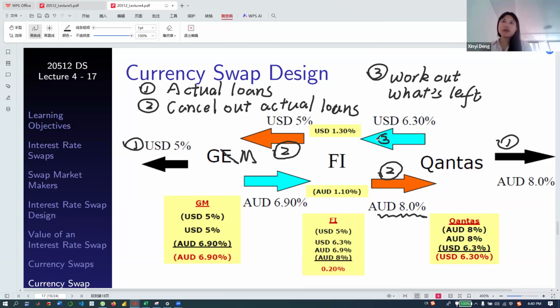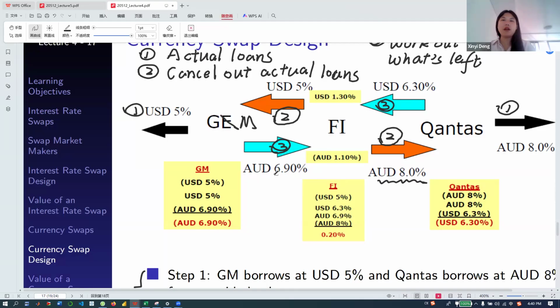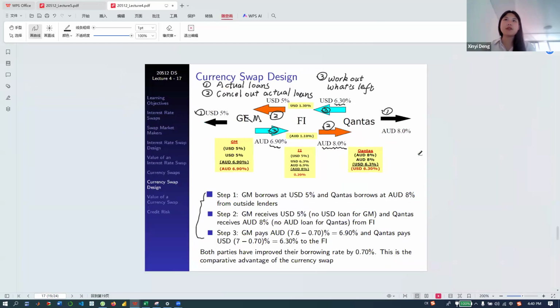So this is going to be the third step, and this is going to be the third step. Let me do the calculation here for you guys. You can see that this is AUD 6.9% and this is USD 6.3%. Let me show you how we reached that.